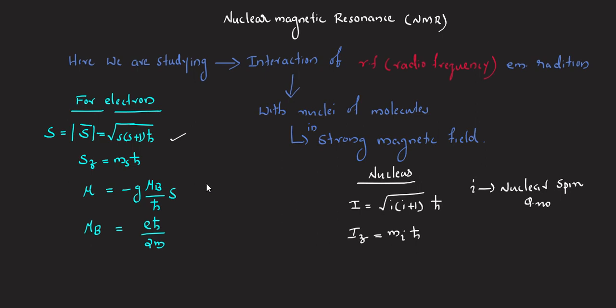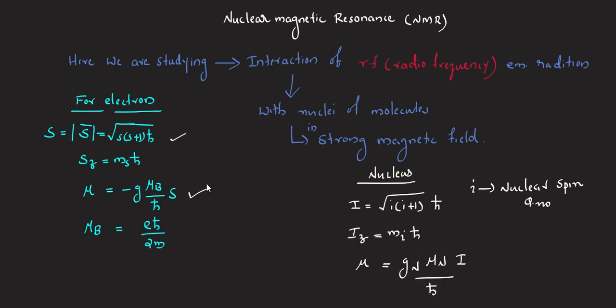In the case of the electron we have mu, the magnetic dipole moment. In this case we can define it like this: mu equals gn mu n I by h bar.